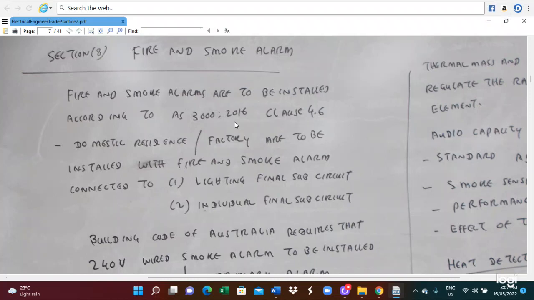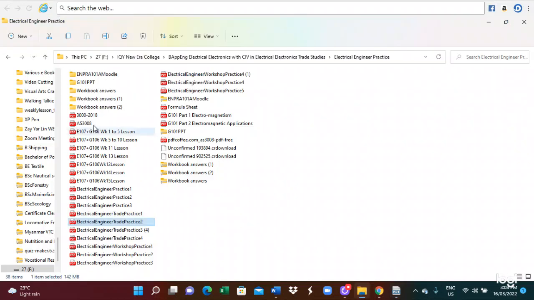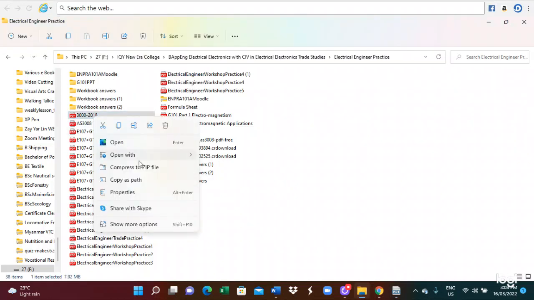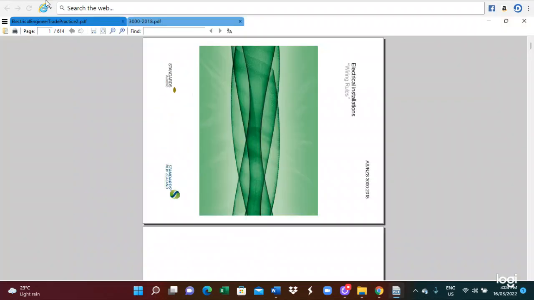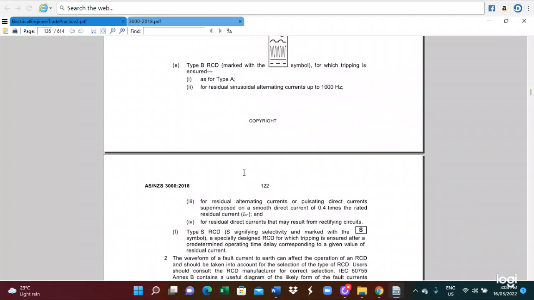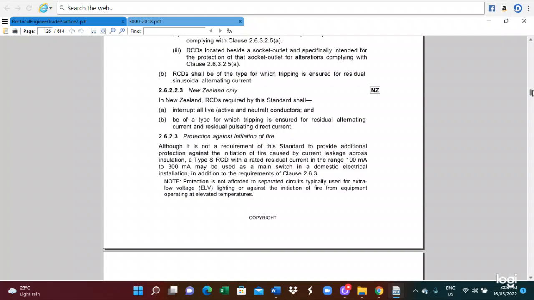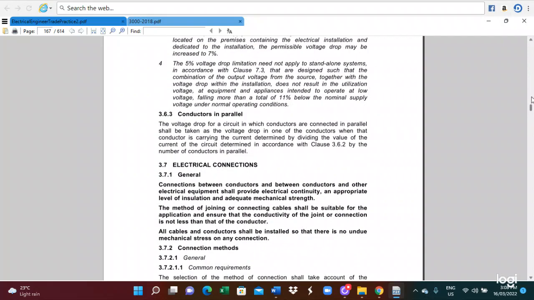Now we have to install the fire and smoke alarm in the system. Fire and smoke alarms are to be installed according to AS 3786. So you find out the fire and smoke alarm requirements.